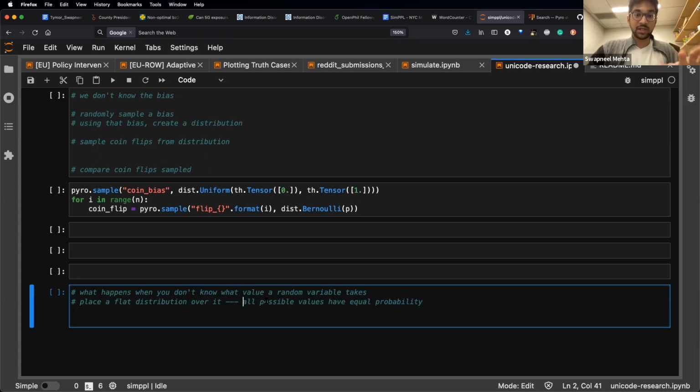To be clear, I know the outcome space. I know what values it can take. I just don't know which value is more probable, which value is less probable. For instance, the food you have at home: there is a finite set of outcomes. These are the 15 items I have.